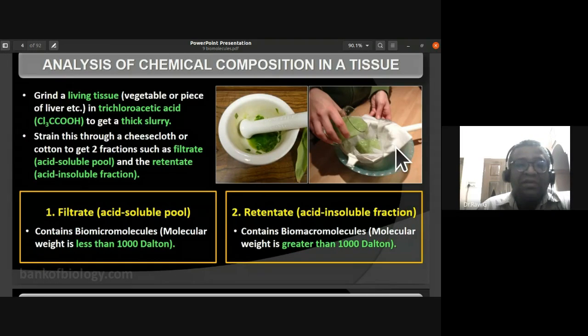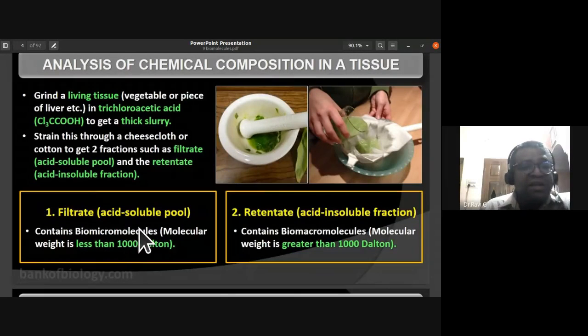So once we have obtained this slurry to get a thick slurry, we strain this through a cheesecloth. We filter this through a cheesecloth or cotton, and we get two fractions: the filtrate, which has passed through this cheesecloth, that is the acid soluble pool, and the retentate, which is above this cheesecloth, that is the acid insoluble fraction.